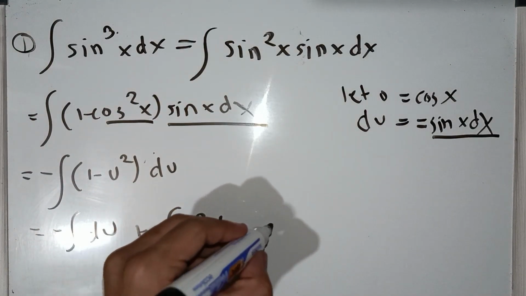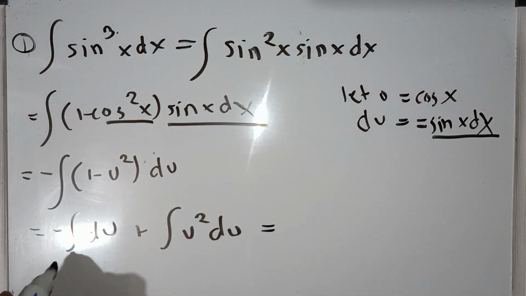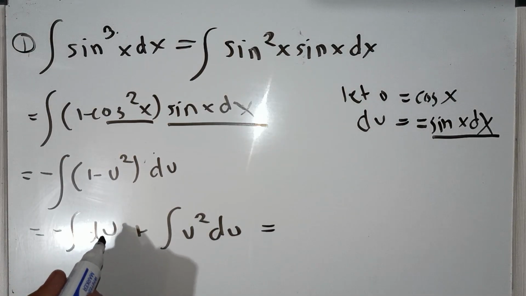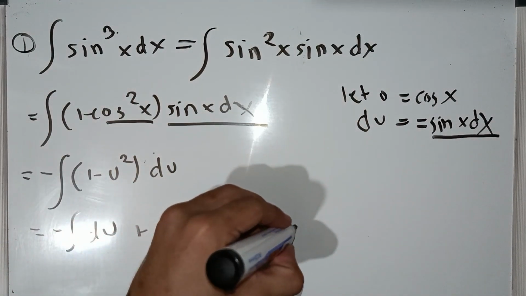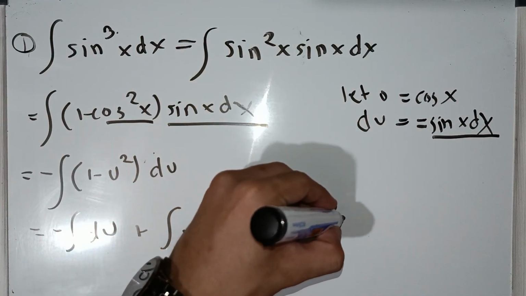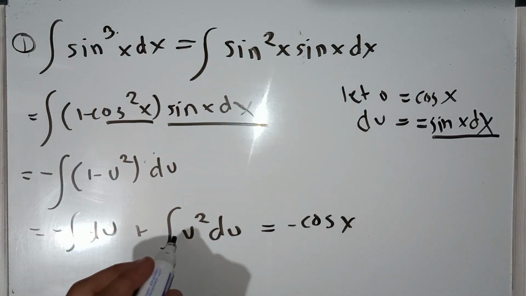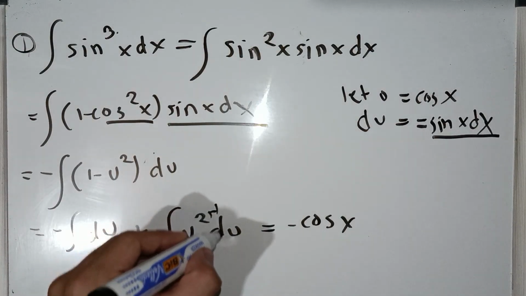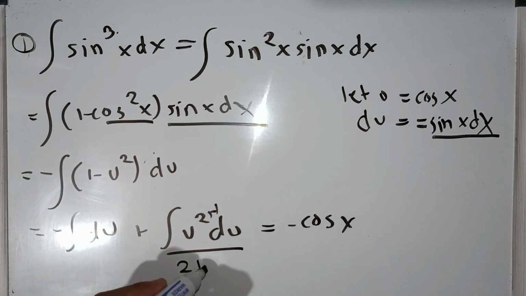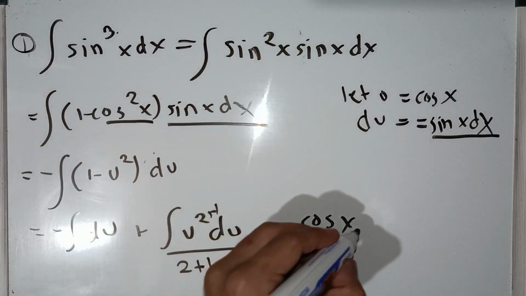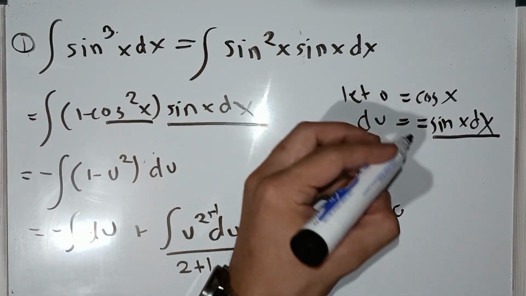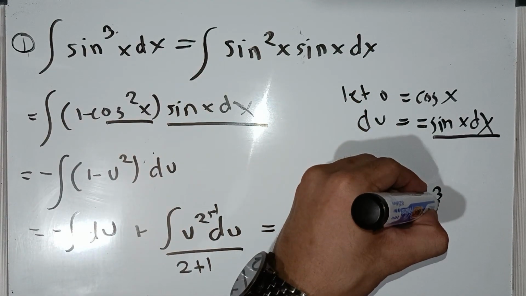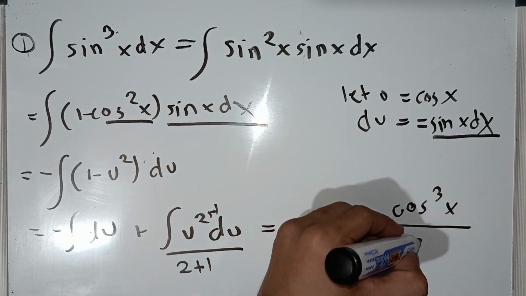Integrating, since the integral of du is u, which is cosine x, it becomes negative cosine x, and since this is a power rule, plus 1 all over 2 plus 1, we will now have plus cosine, since u is equal to cosine x, cosine cube x over 3 plus c.